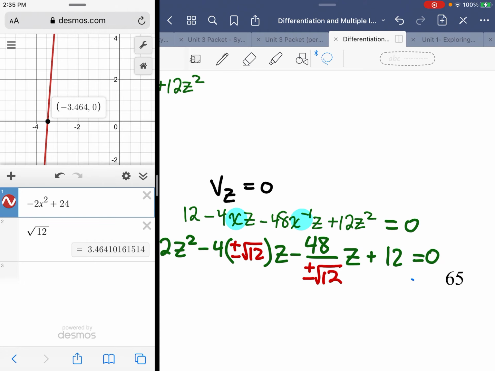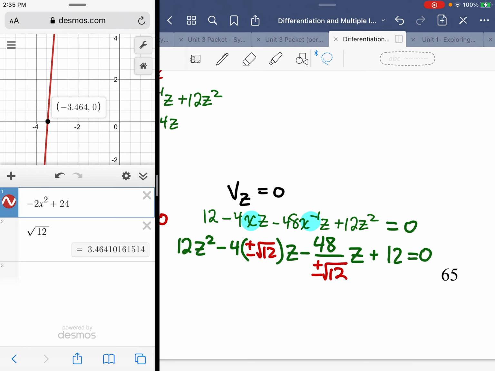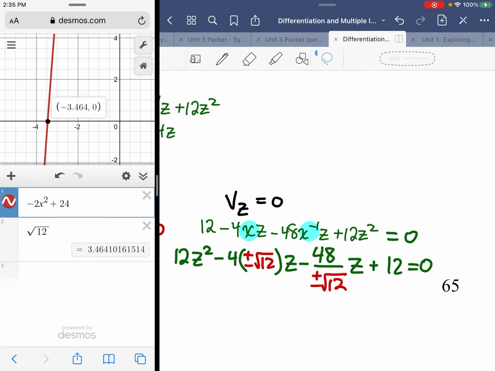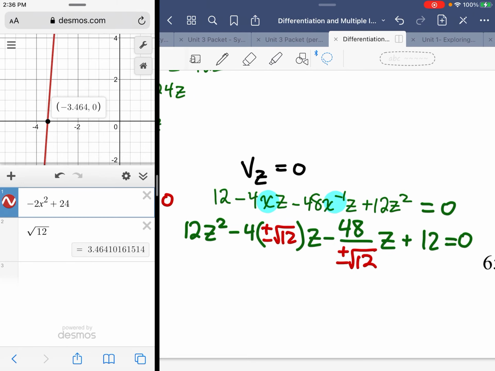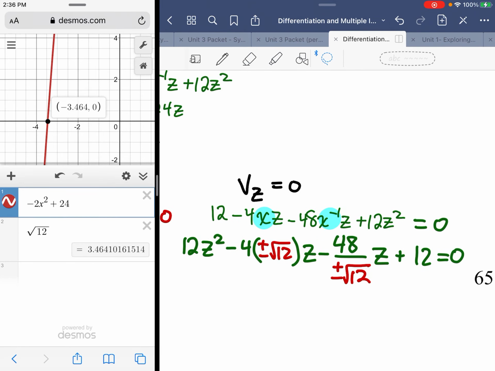Not too complicated when you think about it that way. All right. So now it does appear that we have to account for the plus or minus 12 as two separate equations.